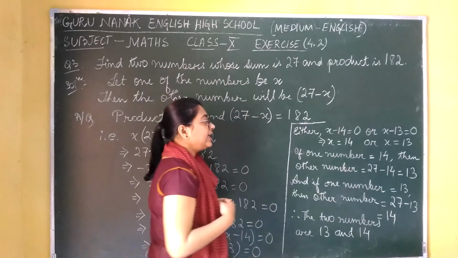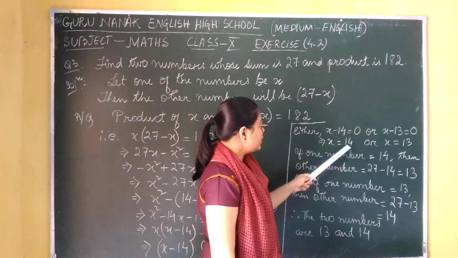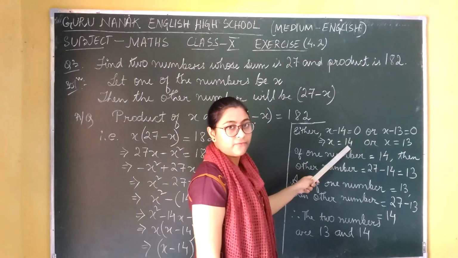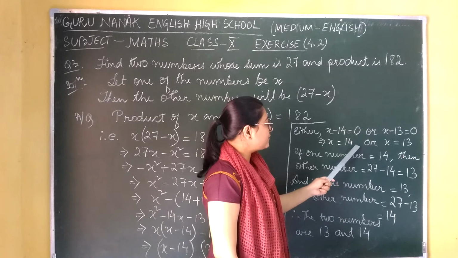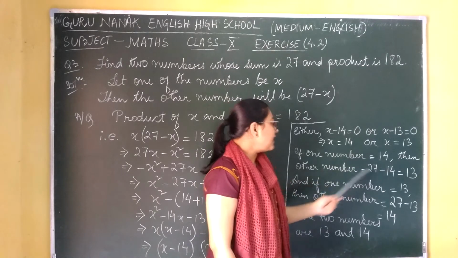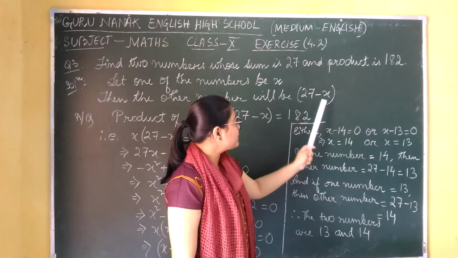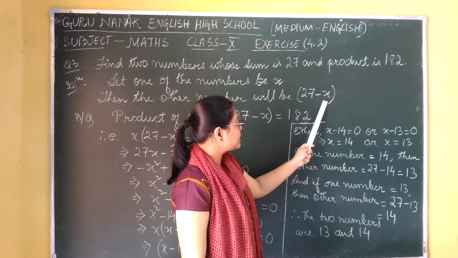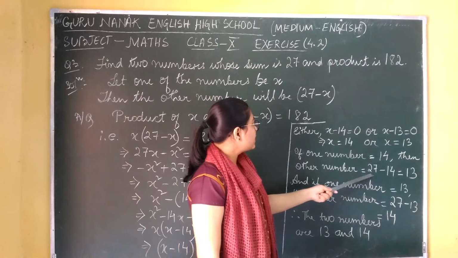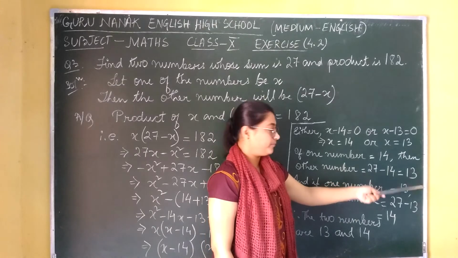Now since we are getting two values, we will check one by one. If we consider the first number to be 14, that is x equals 14, then the other number will become 27 minus 14, which leads us to 13.